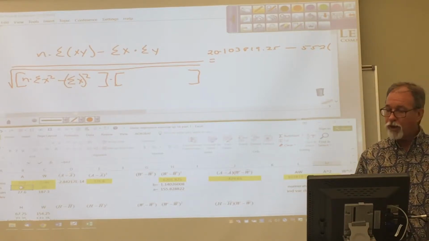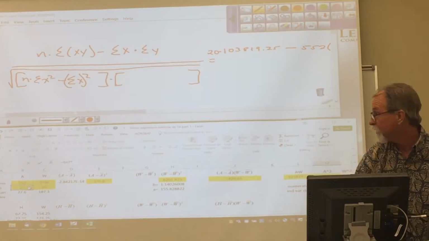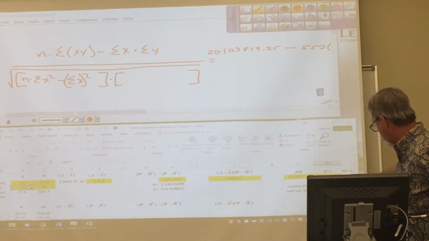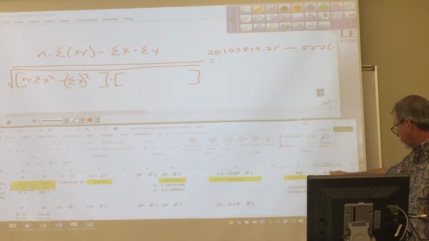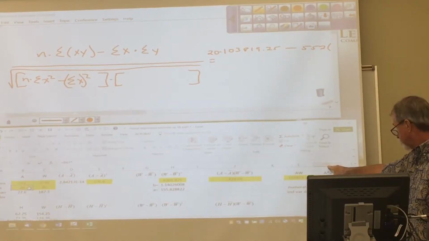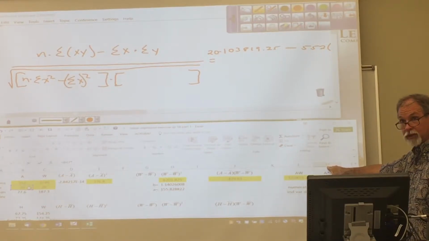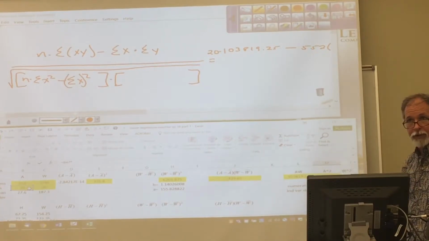And I'm going to multiply that by the summation of A squared. And A squared is in what column? In my particular one, it's in column M.